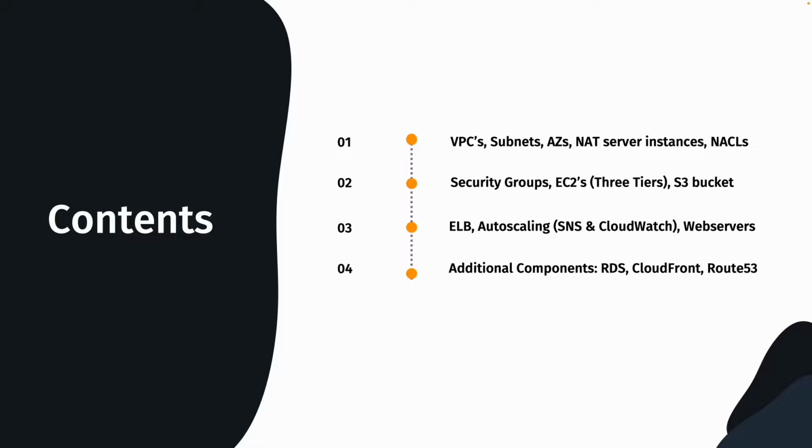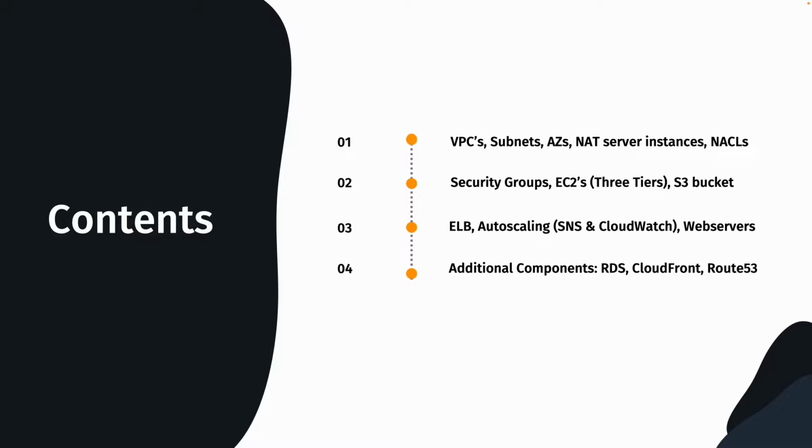Secondly, we will show the security groups, EC2, and S3 bucket settings. Thirdly, we will present the configurations of ELB, auto-scaling with SNS and CloudWatch, and web servers. Finally, we will provide our additional components in our solutions, which are RDS, CloudFront, and Route 53.